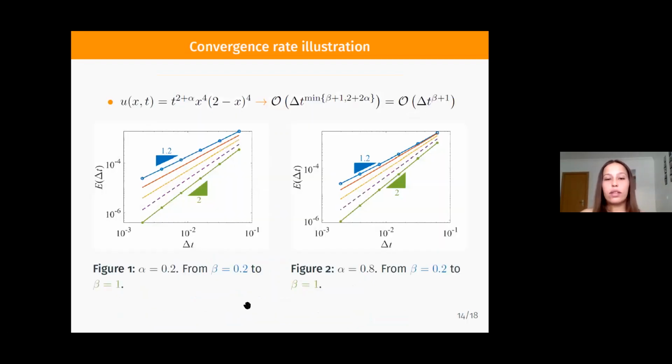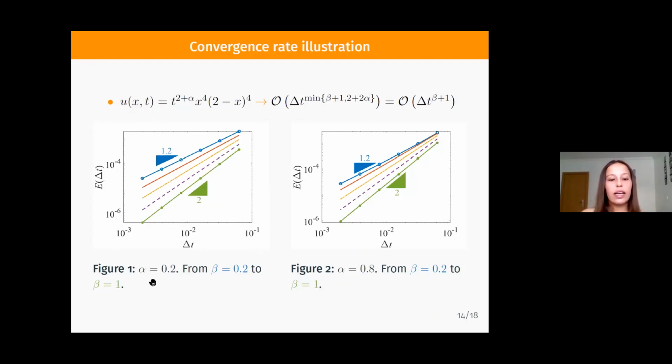Now I have a convergence rate illustration. We chose the source term and the initial conditions in order to have this function as our solution. And we expected an order of accuracy of beta plus 1. So here I have two figures where the error is plotted on log-log axes.